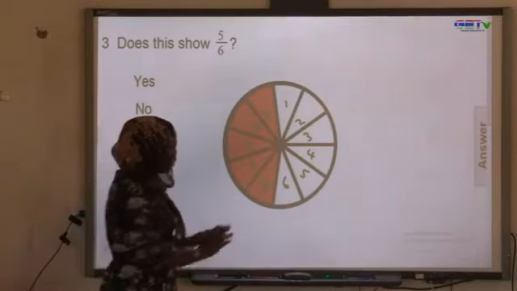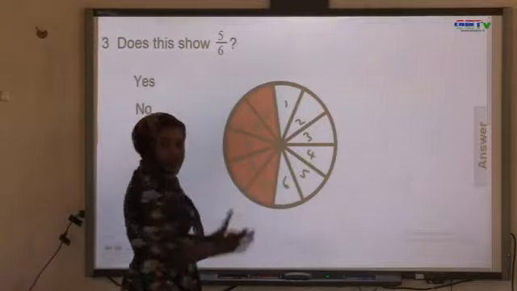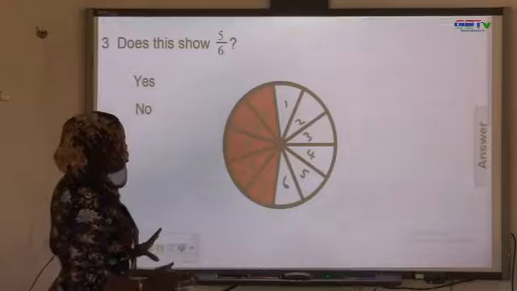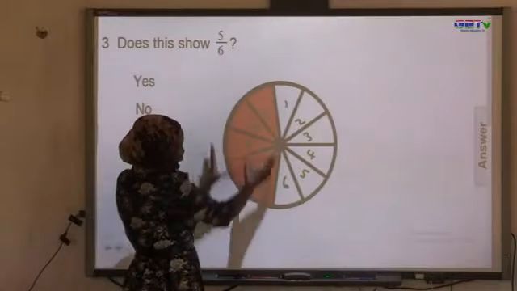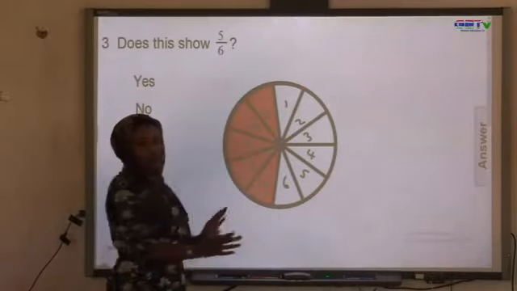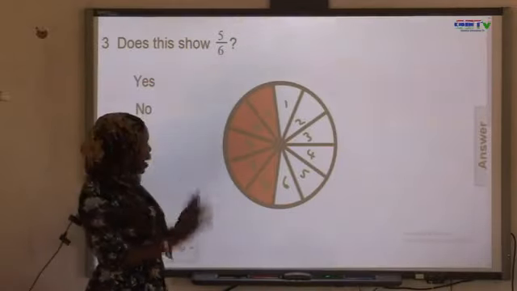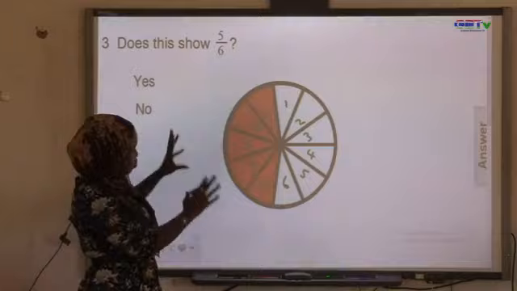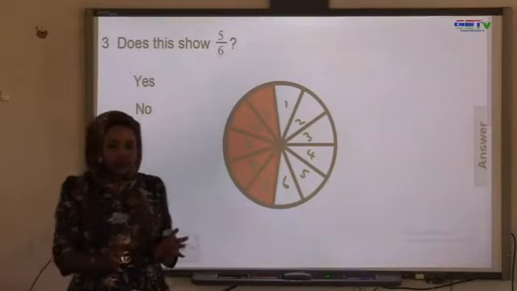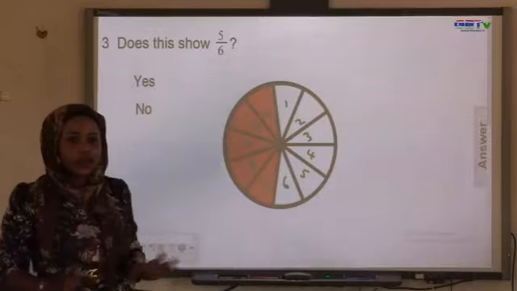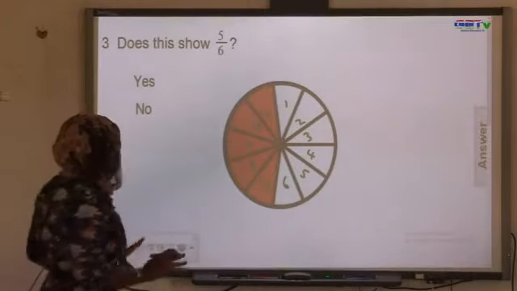But if you look at the chart, you can realize that some parts of the chart are colored. And the color is red. Now, what do we want to know?